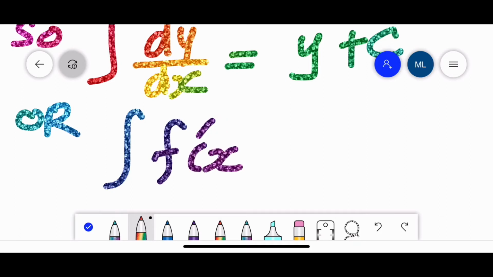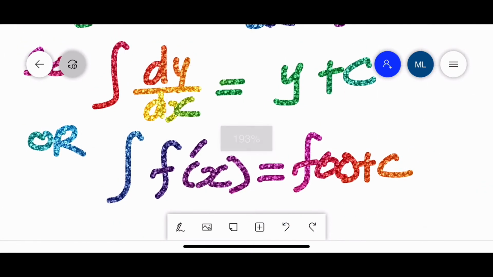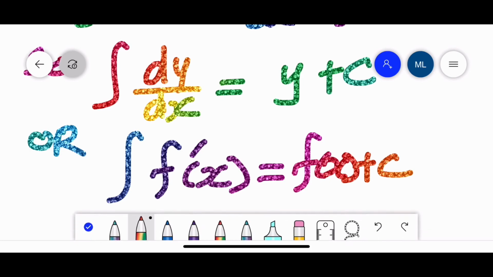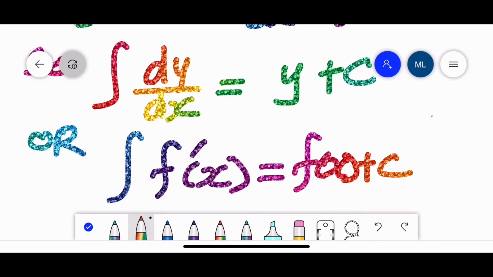Okay, so y equal to x squared, dy dx equal to 2x. When you integrate your dy dx, you get your y. Y equal to f(x) also can be written as the function is actually the y.